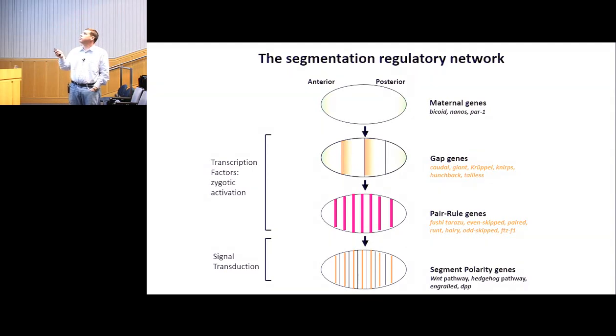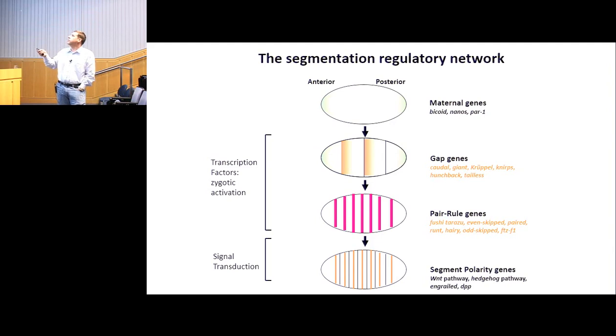Eric Wieschaus and Nüsslein-Volhard got the Nobel Prize for their amazing early work in identifying these genes, precisely because it turned out that these genes have orthologs in humans, and those orthologs are involved in a wide range of human diseases, and many of them, such as these segment polarity genes, are involved in cancers.